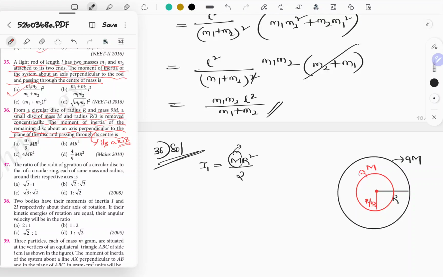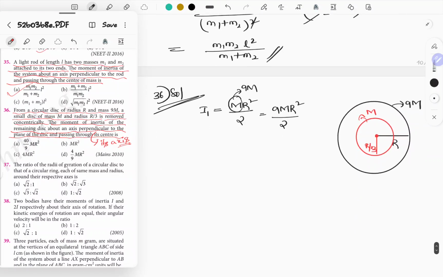As the mass is 9M, it is 9MR square divided by 2. This is the moment of inertia of the original body. Now let me find the moment of inertia of the removed portion, the small disc. Its mass is M and its radius is R by 3, so it is M into (R by 3) whole square divided by 2, which is MR square by 2 over 9.